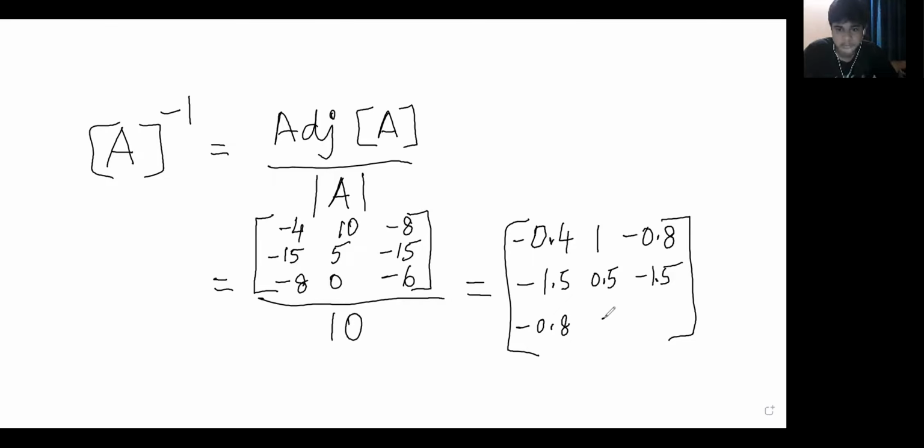This much will be 0. This is minus 0.6. So A inverse will be equal to this one. You are able to follow?